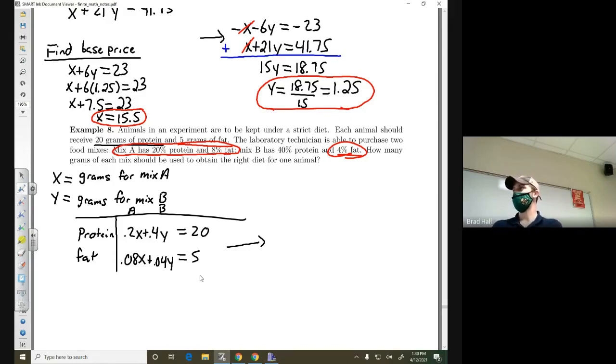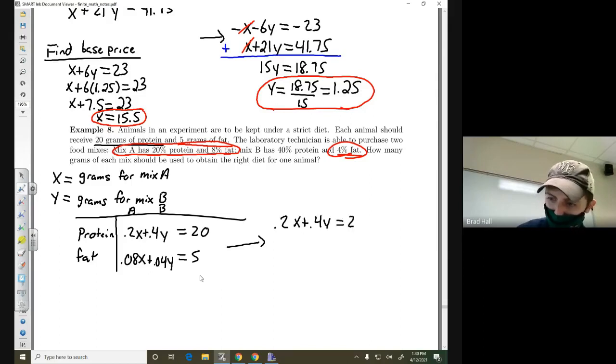You can multiply the bottom equation by 10. We're going to multiply the bottom equation. I'm going to do negative 10. It'll be two birds, one stone, kind of an ordeal. So 0.2x plus 0.4y is equal to 20. So the top one's going to stay the same. It's got the bigger numbers. We're going to leave that one alone.